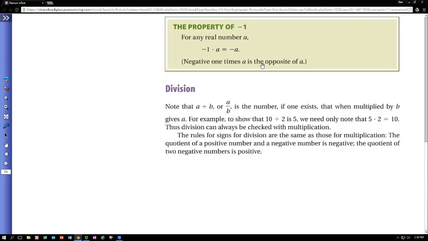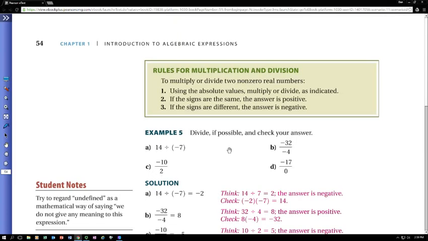Well, now they're going to go through division. Now, we've already talked about division as really multiplication by multiplying by its reciprocal or multiplicative inverse. And then we apply all the rules to multiplication that we have. Well, we just went through some more rules on multiplication, so basically the same rules apply to division when it comes to negatives.